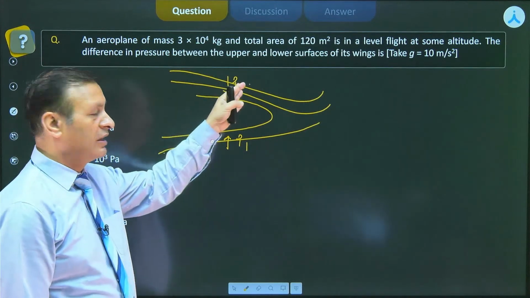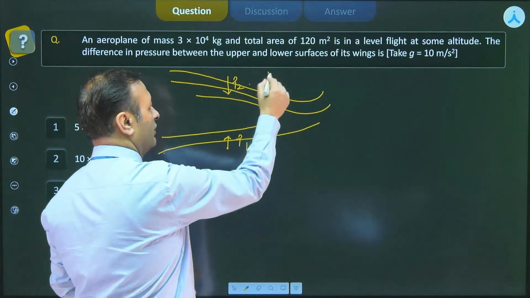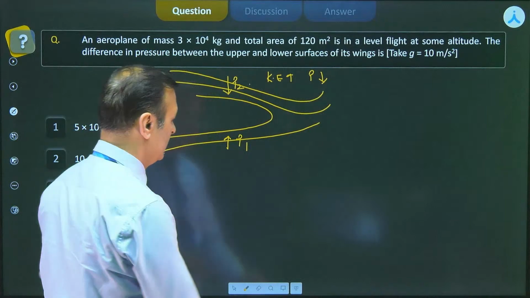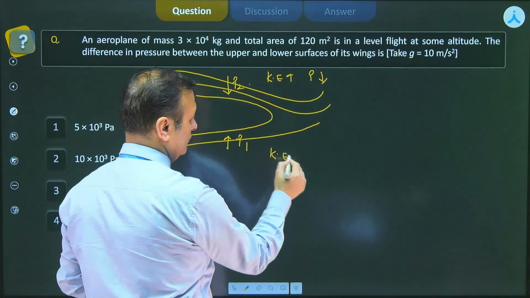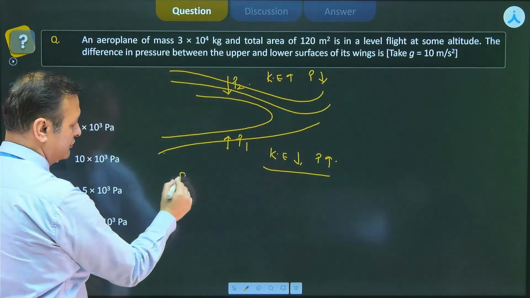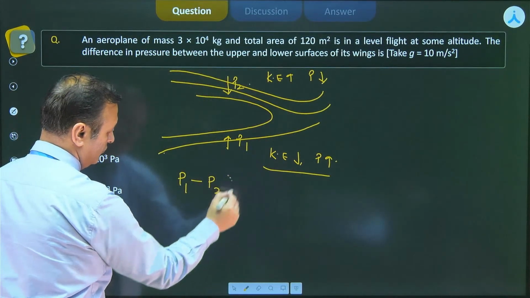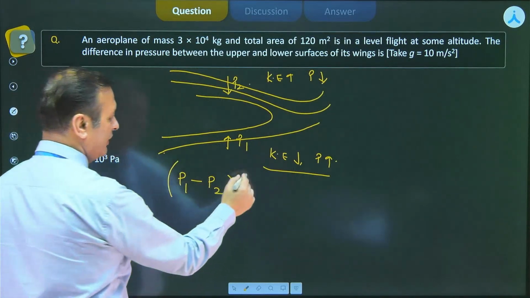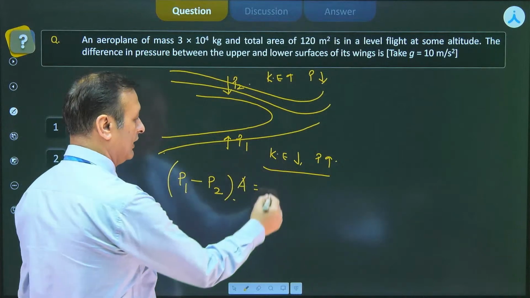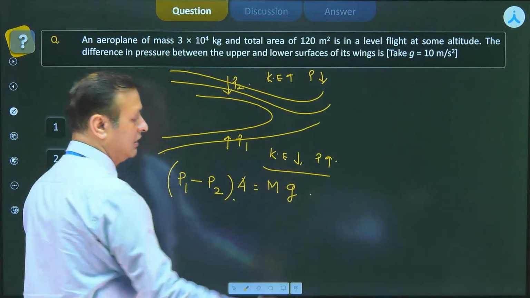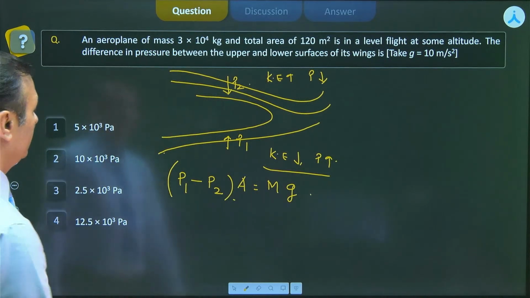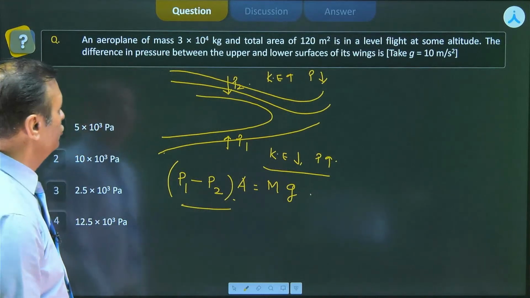If you have more streamlines, kinetic energy would be more, so pressure energy would be less. On the other side kinetic energy would be less, so pressure would be more. This pressure difference multiplied by the area of the wings gives you the upthrust for the lift of the aeroplane, and that should be able to lift the weight of the aeroplane. So we have to find out this difference in pressure.